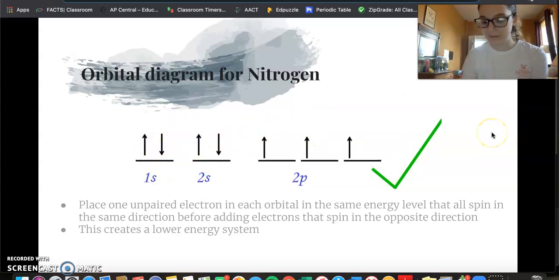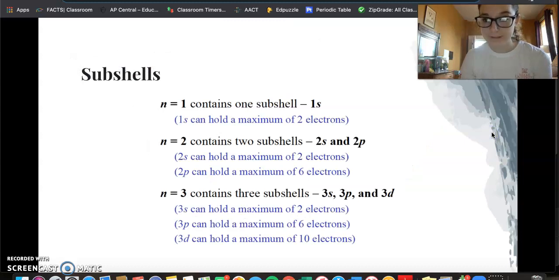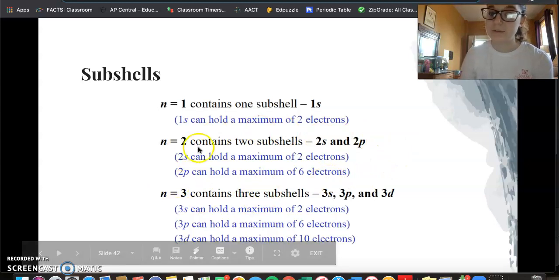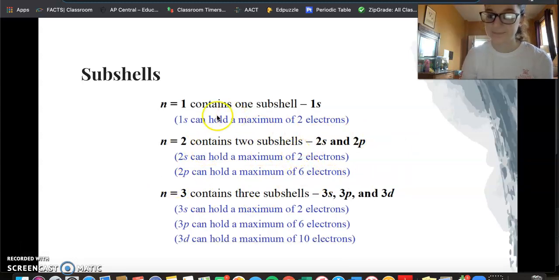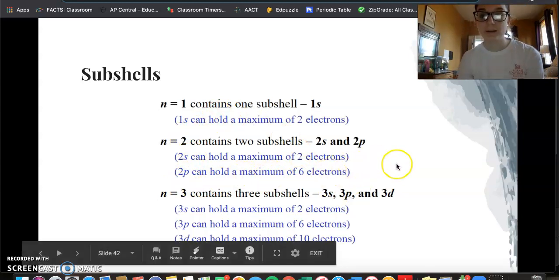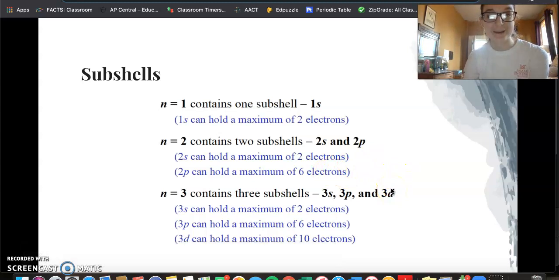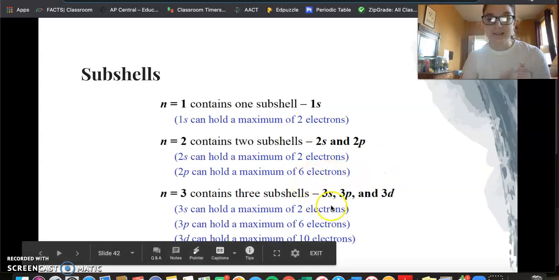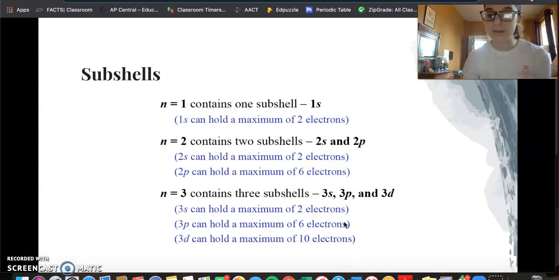2s before filling 2p. So for these subshells, n equals 1 contains one subshell, 1s. n equals 2 contains two subshells, 2s and 2p. 2s can hold 2 electrons, 2p can hold a maximum of 6 electrons, so altogether, n equals 2 can hold a max of 8 electrons. n equals 3 contains 3 subshells, 3s, 3p, and technically 3d, even though we don't fill 3d until after 4s. 3s can hold 2 electrons, 3p can hold 6 electrons, and 3d can hold 10 electrons.